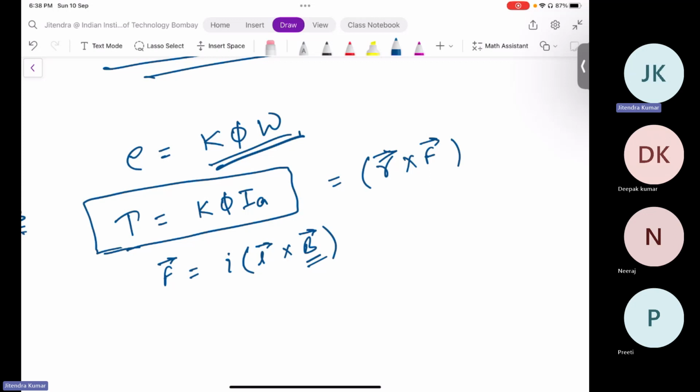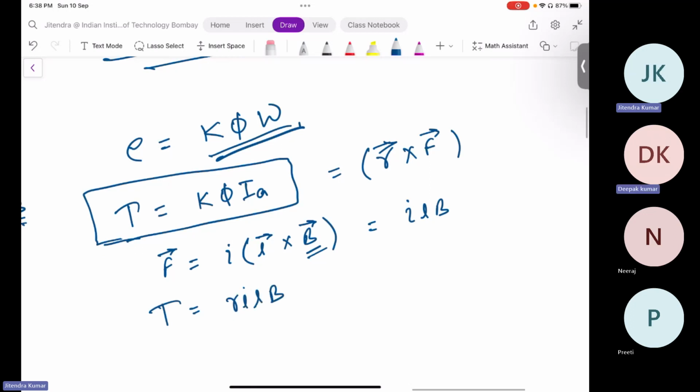If the conductor current is parallel to the magnetic flux, then the force will be zero. So let us assume the instance where the conductor is perpendicular to the magnetic flux. I can write conveniently ILB. And torque is R cross F, so I can write RILB.